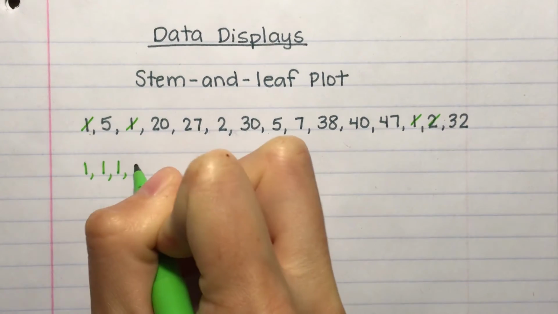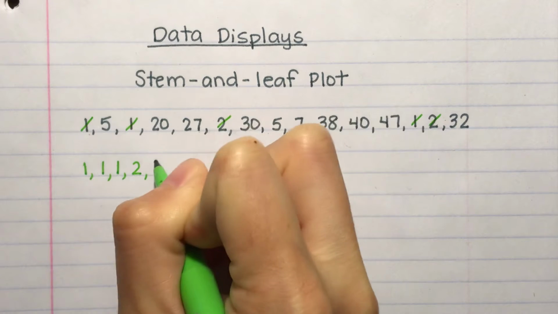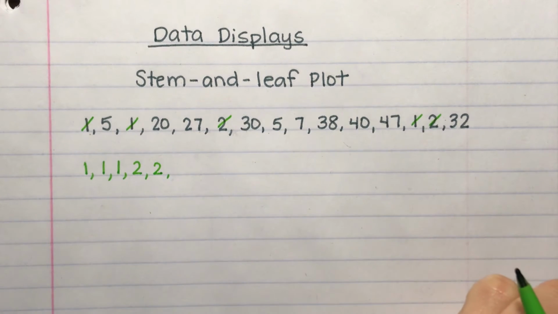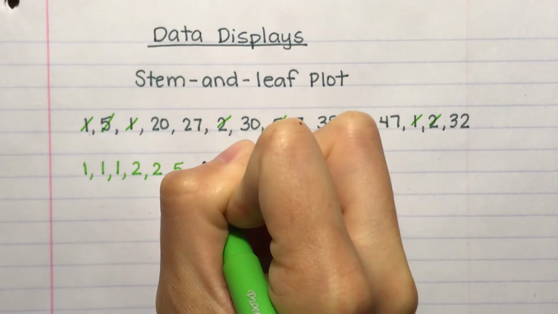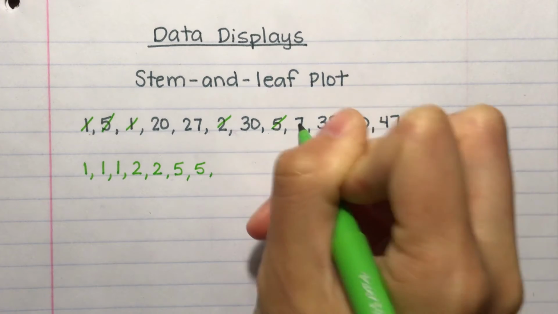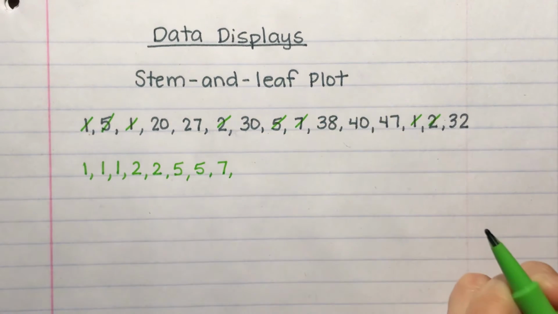So again, first order of business whenever you get a set of data like this is go through and put it in order from smallest to biggest. And again, I like to cross off the numbers as I go just so I don't miss anything. If you like that too, awesome.